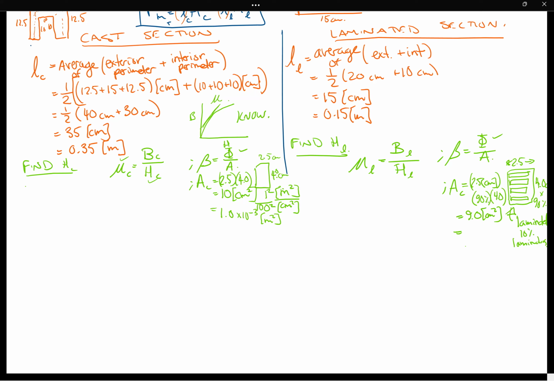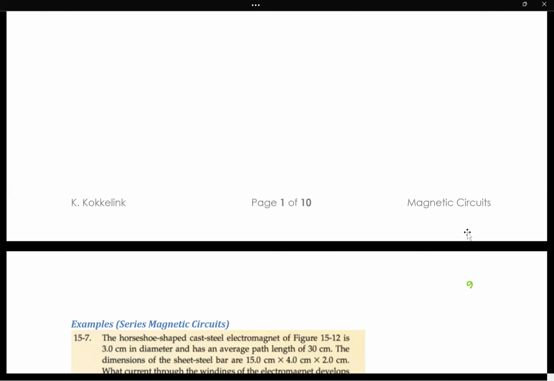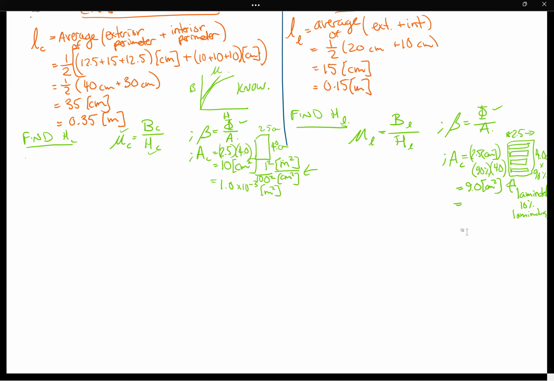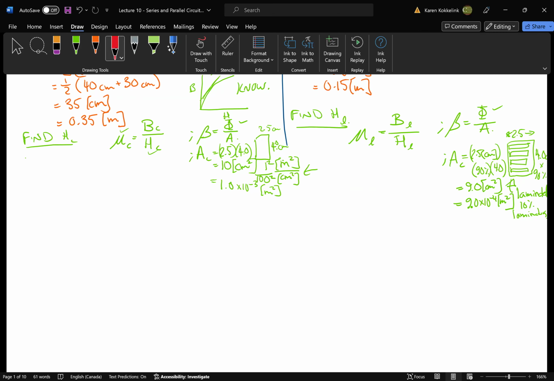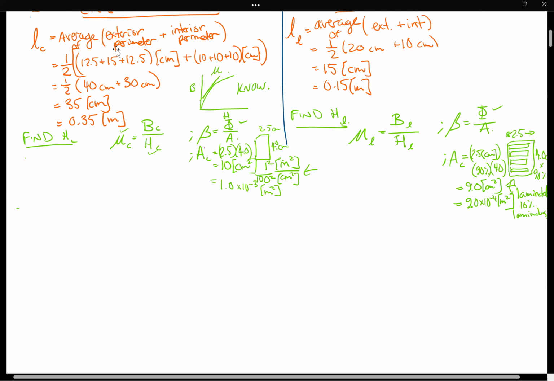And if I were to convert that to meters, just like I did over here, and remembering that that centimeter has to be squared as it's converting to meters squared, then that gives me 9.0 times 10 to the negative 4 meters squared. So at this point, it's nice. I have A_C.